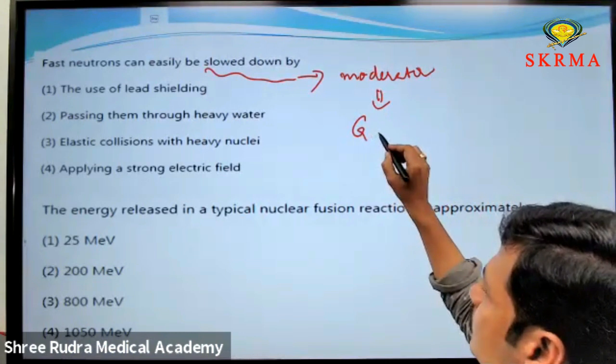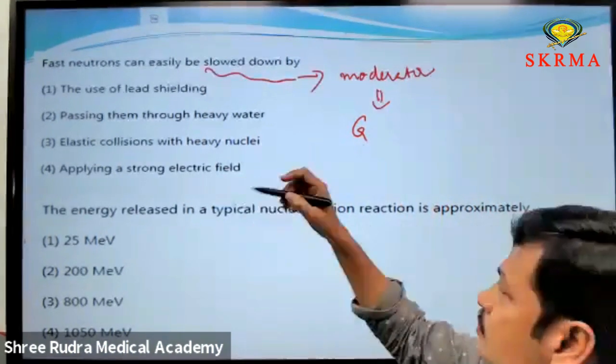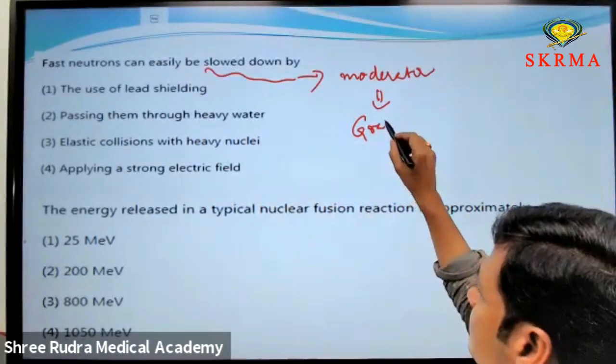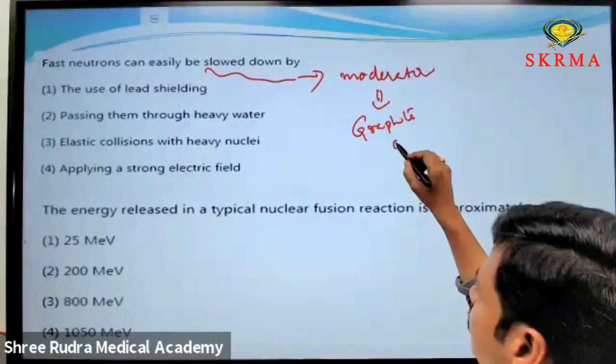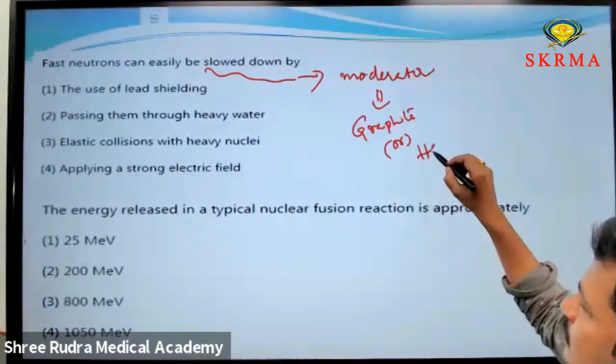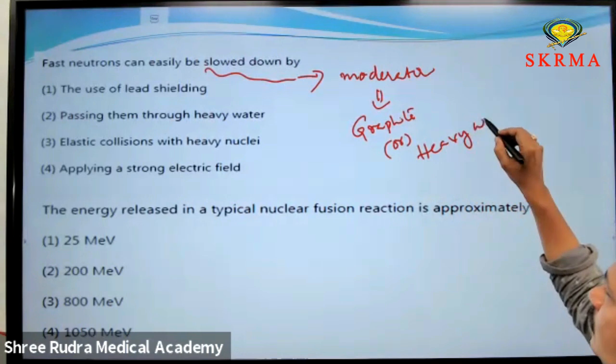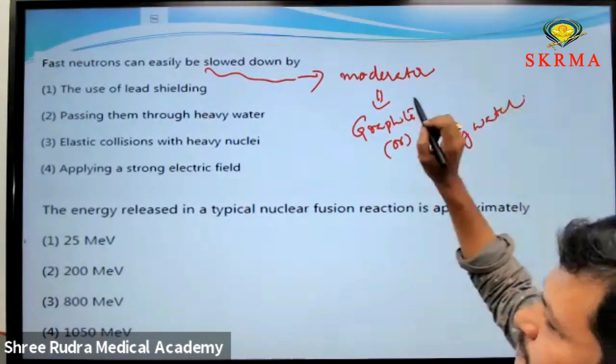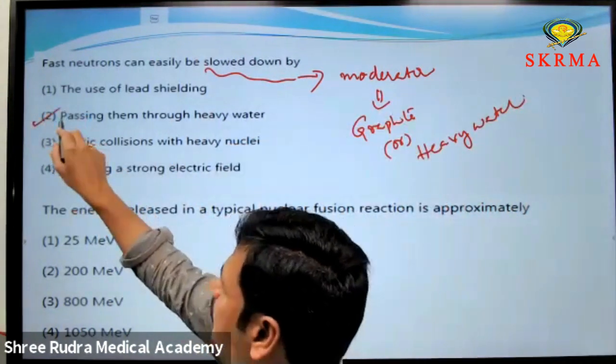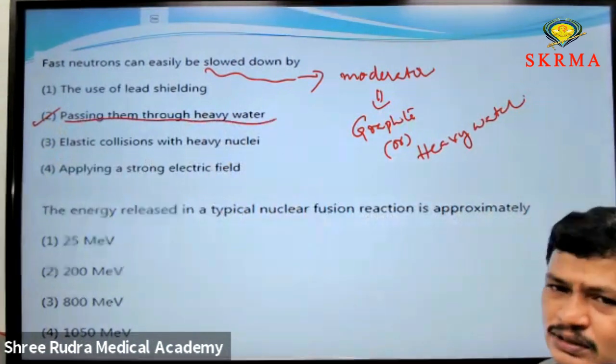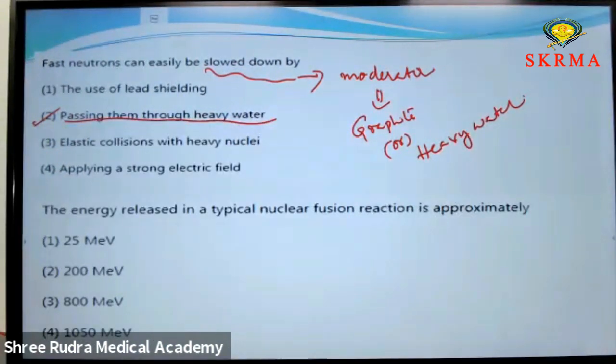Graphite is used as a moderator. Heavy water is used as a moderator. In the given 4 options, the second option is correct because the neutrons pass through the heavy water, and some scattering takes place inside the water, so the neutrons slow down.